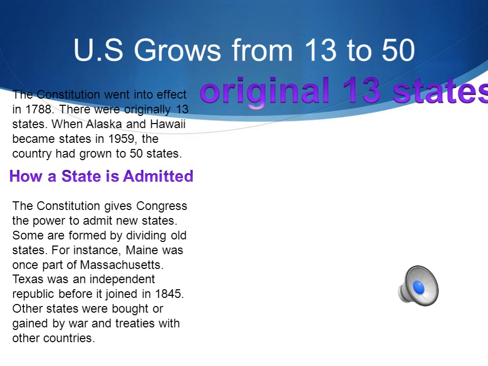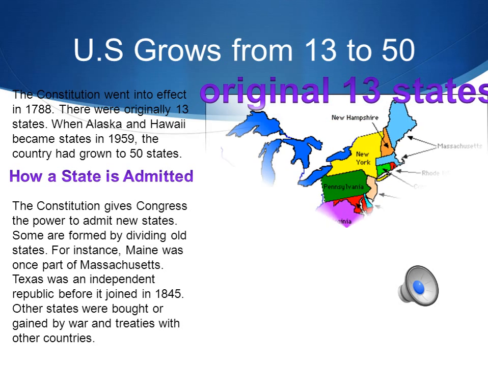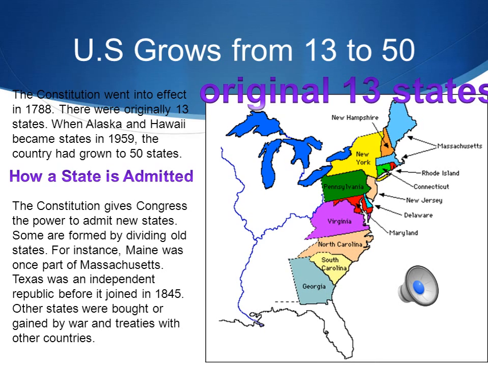Most states entered before 1900, and the United States Constitution gives Congress the power to admit new states. Over the years, Congress has acted 37 times to admit new states to the country, and some states were formed by dividing old states. For instance, Maine was once part of Massachusetts, if you look at the very top of our little map there.